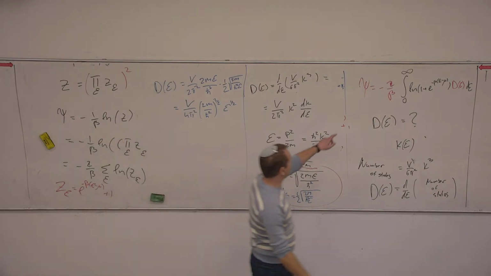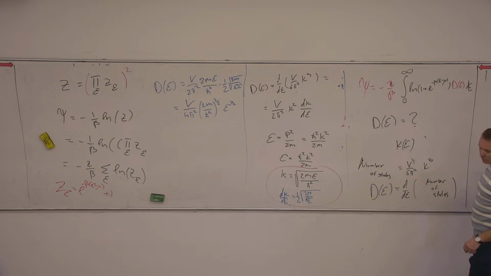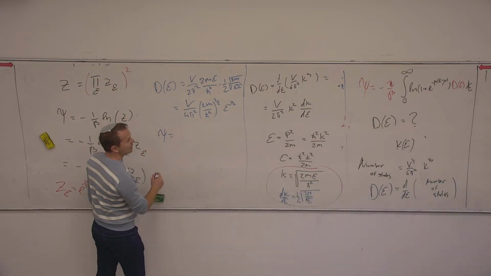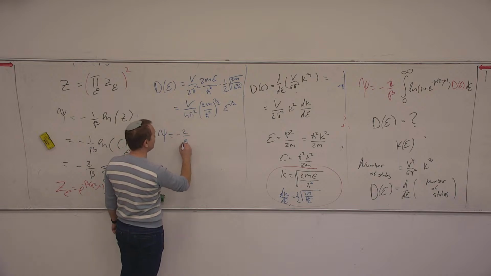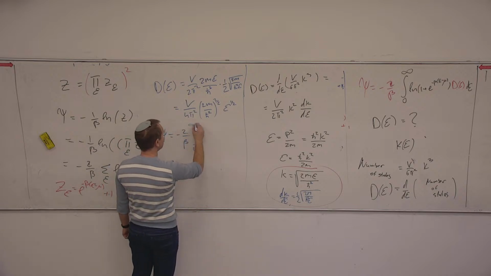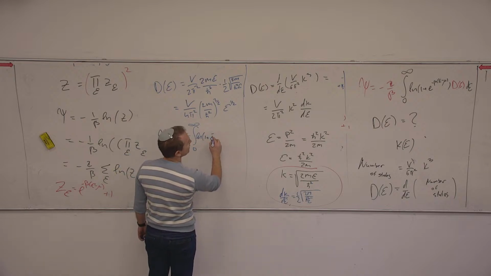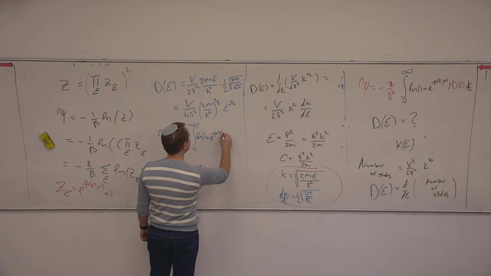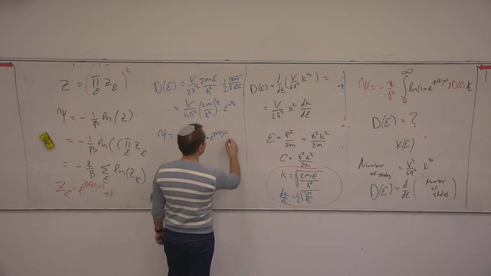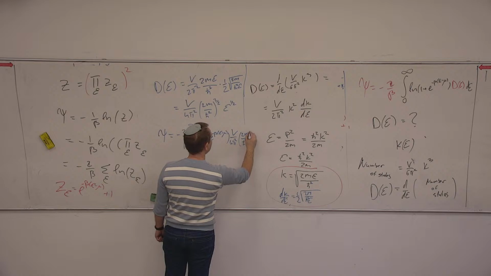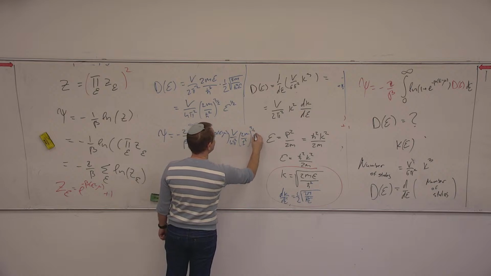Okay. So eventually, our grand canonical potential Ψ equals minus 2 divided by β, an integral from 0 to infinity, of log of 1 plus e to the power minus β(ε minus μ), and here we have V over 4π² (2m/ħ²)^(3/2) ε^(1/2) dε.